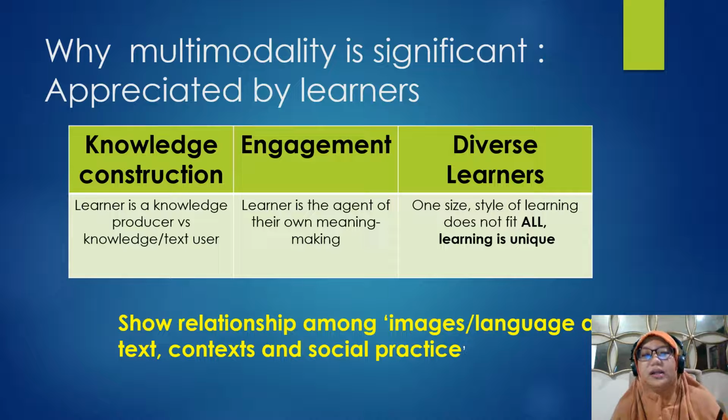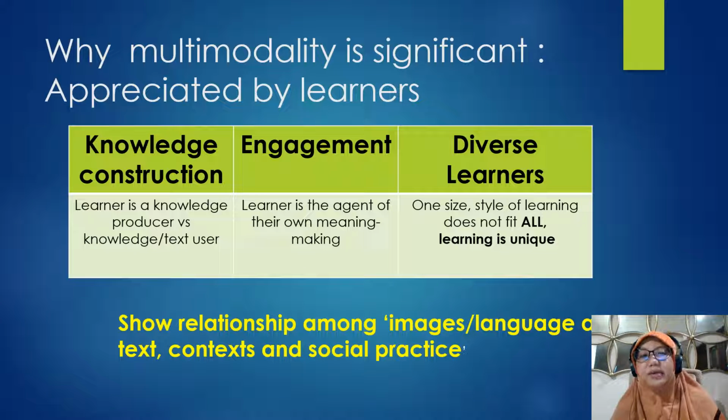What I meant by diverse learners is that multimodality allows learning to happen in a very creative way. As the saying goes, one style of learning does not fit all. Every student is very unique. They have different learning styles.